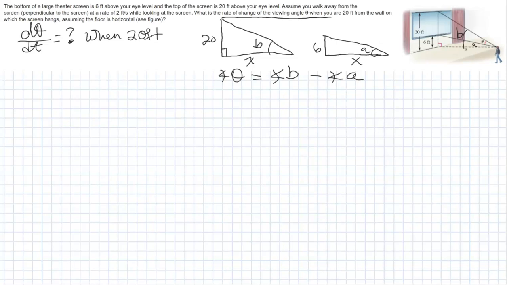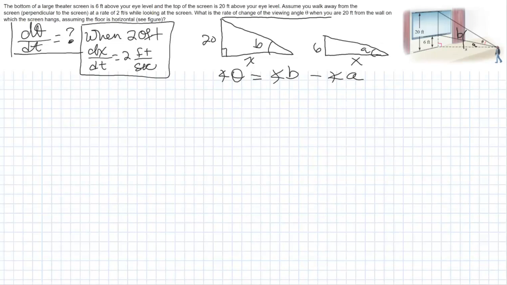The rate at which you are walking would be dx dt, and dx dt is 2 feet per second. These are the given information, this is what the question is asking, and we have to relate theta to angle A and angle B.